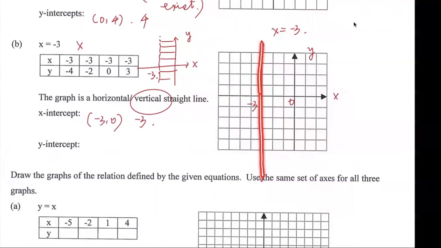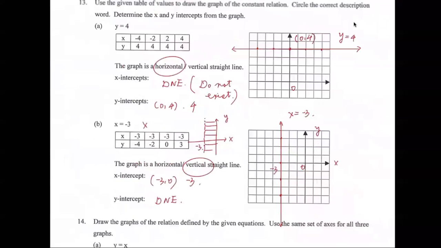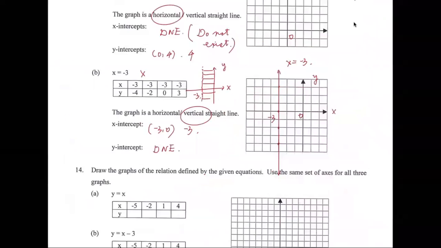This is vertical. The y-axis is also vertical. So they're parallel. Two parallel straight lines cannot have an intersection. So there's no intersection between these two lines, which means the y-intercept of this particular straight line does not exist. Okay, so that's question number 13.